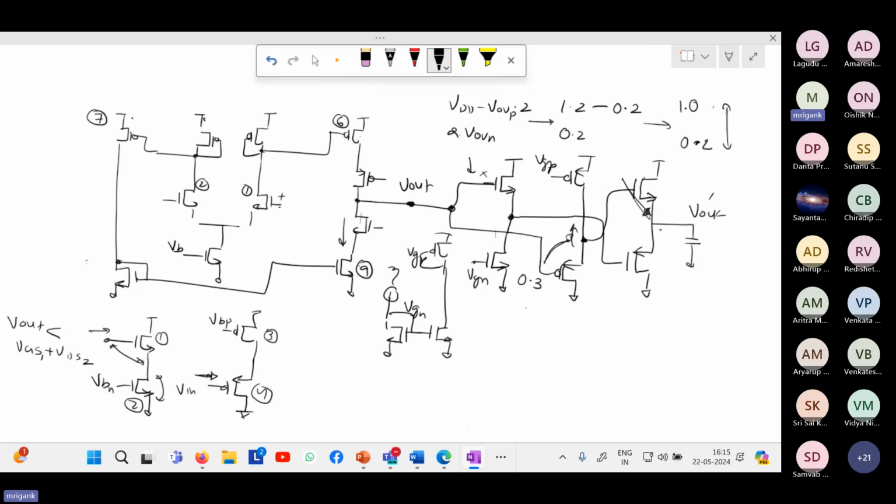Likewise, if you look at the other path, you have the opposite effect. So the two stages: the PMOS is pulling the voltage up, and then it is followed by the NMOS stage, which is again bringing the voltage down.